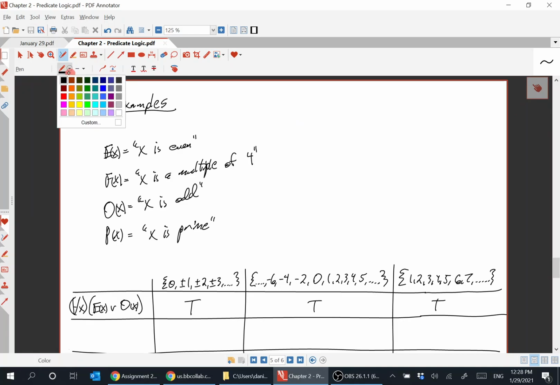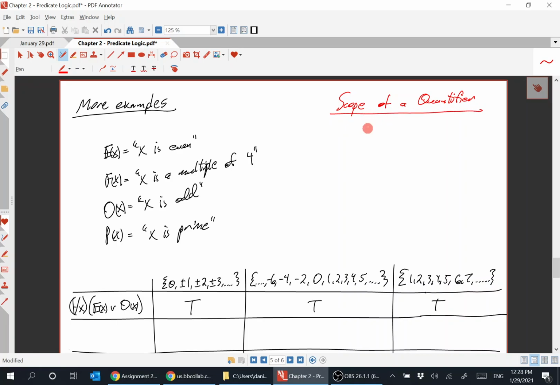So let's keep in mind what's known as the scope of a quantifier. The quantifier is for all x or there exists x. A quantifier applies only to the predicates immediately to its right.